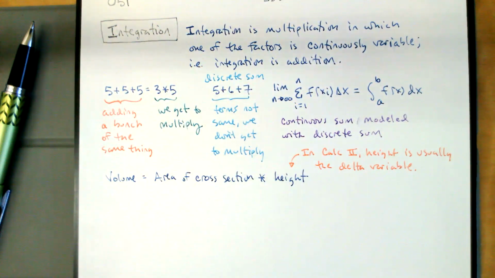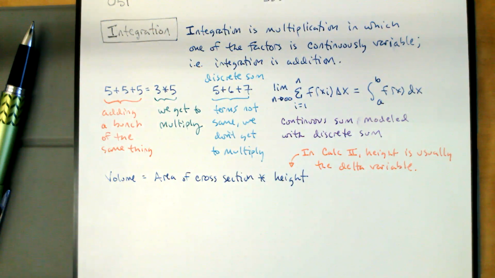Back in Calc 2, height was usually our delta variable. Here's what I mean by delta variable. That is the dimension that has to get infinitely thin so that we can have a stack of areas. If you haven't been in my class before, that's why I have to define the words that I use a lot.